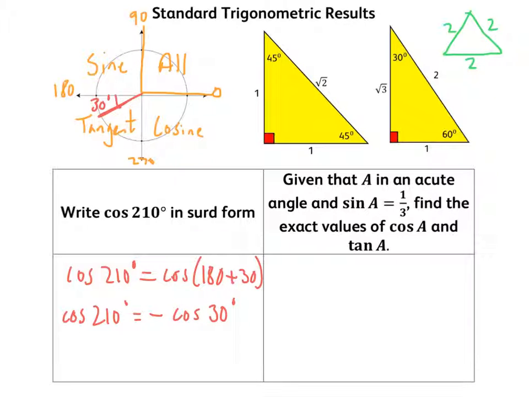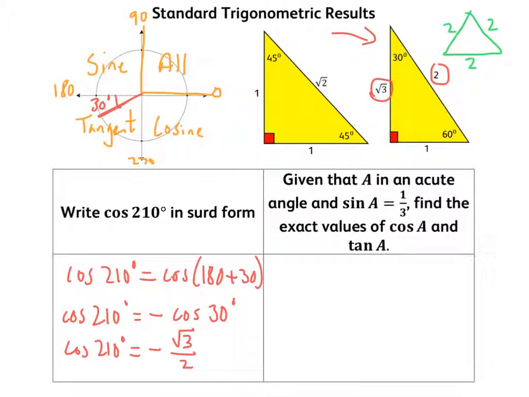So that's essentially what that means. Now I can go over and use my triangles over here, and I know that cos 30 is root 3 over 2, adjacent over hypotenuse, so therefore cos 210 is minus root 3 over 2.